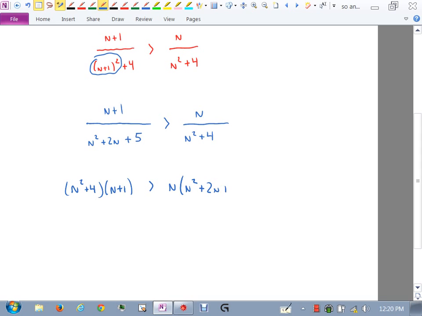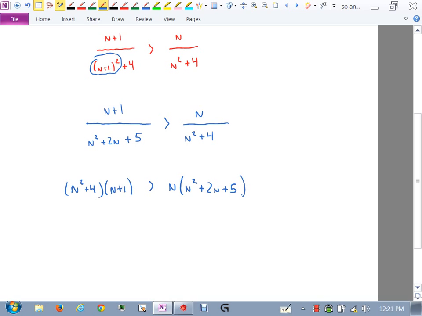Now I can only do that if I can promise you that these denominators weren't negative, right? But you can again check. This will never be negative as long as n is greater than 0. And this will never be negative as long as n is greater than 0. So that was okay to do.